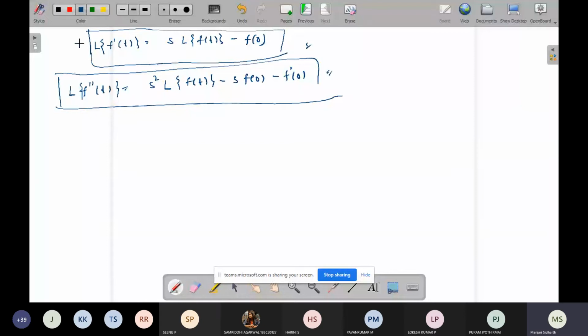In every question we'll use this, because you have this type of differential equation, right? If we take the Laplace transformation of both the sides, we'll use this directly. Here I'm taking t as the independent variable, so the differential equation will include t. Don't get confused about x and t. If it is x, put them in terms of x. And if t is given as the independent variable, write the formula accordingly.